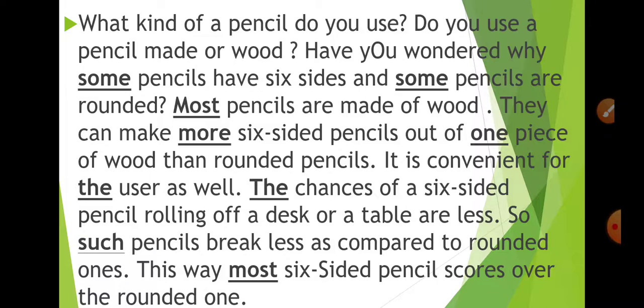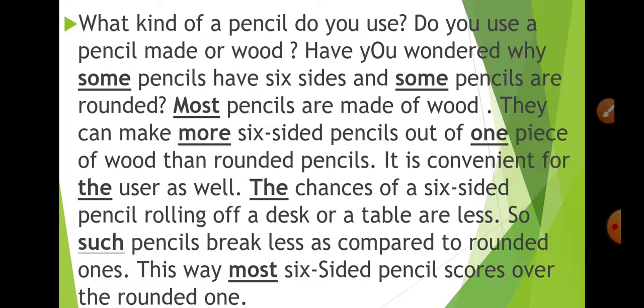They can make more 6-sided pencils out of one piece of wood than rounded pencils. It is convenient for the users as well. The chances of a 6-sided pencil rolling off a desk or a table are less. So, such pencils break less as compared to rounded ones.